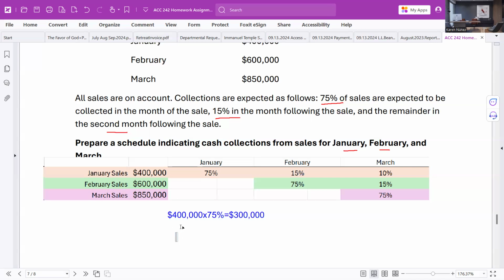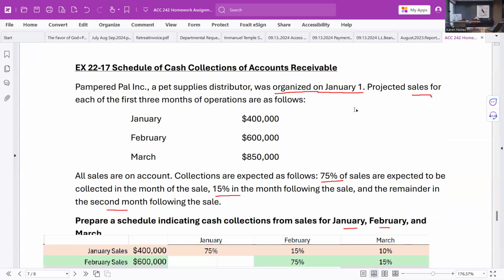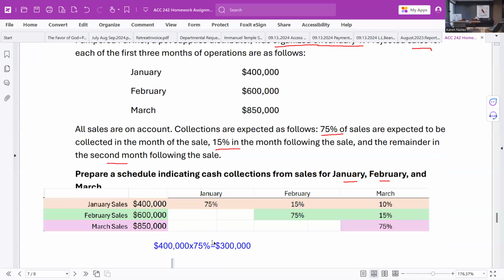That's what we're going to be collecting on in the month of January. And that's it. It's just the 300,000, right? Because they weren't organized until January 1. So there were no sales prior to January 1. On January 1, they start selling product. And for the month of January, they only sell 400,000. They're only going to collect 75% of that 400,000 in the month of January.